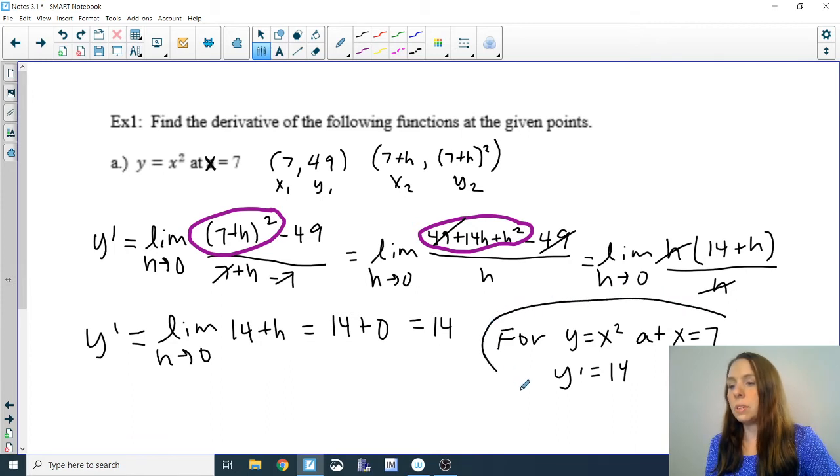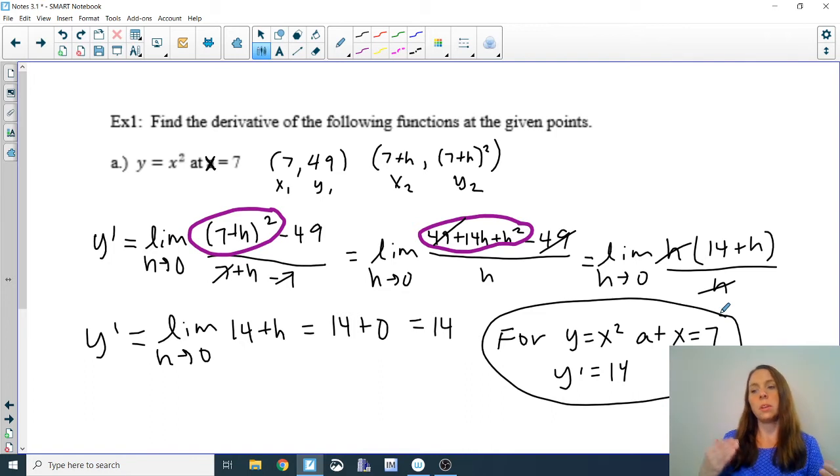You don't have to always write an answer like that, but I kind of like to show it just to see what did we do. We took the function x squared, we looked specifically at the point x equals 7, and we said the slope of the tangent line at that point, the derivative value, is 14. Yay! All right.